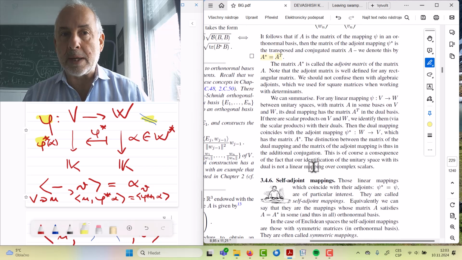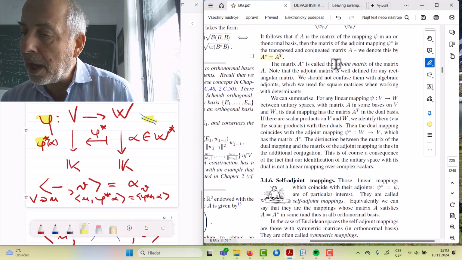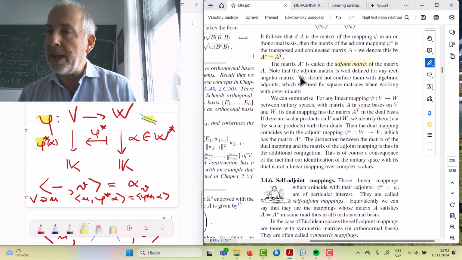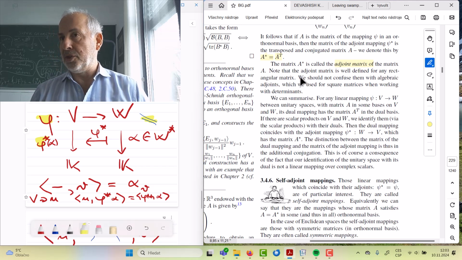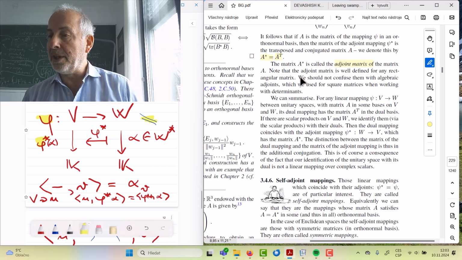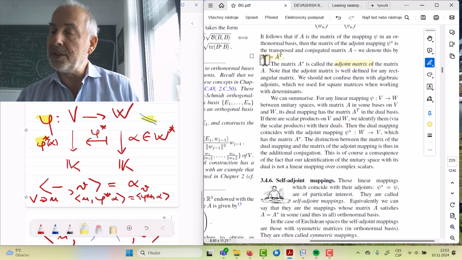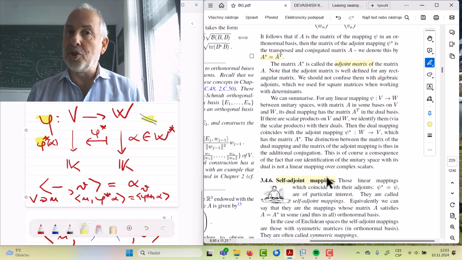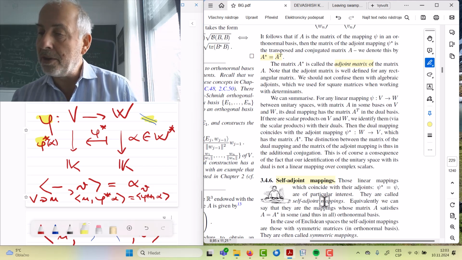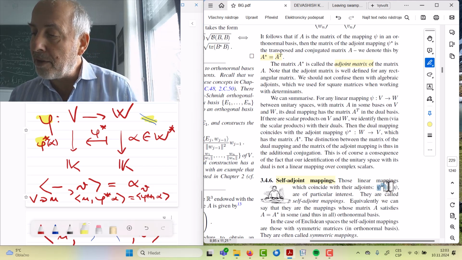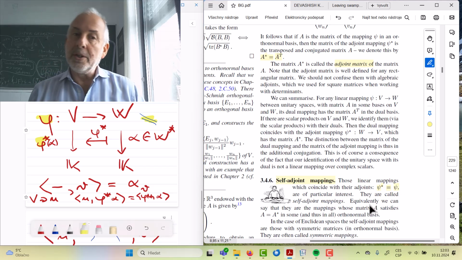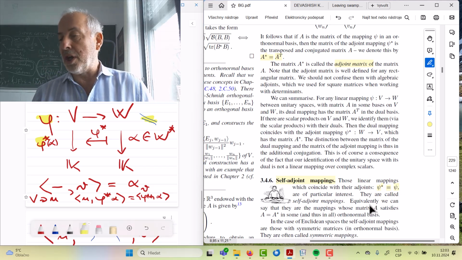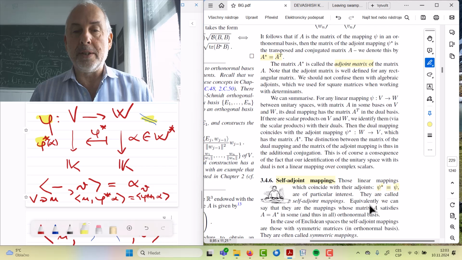So summarizing this, a mapping is unitary, or a matrix is unitary, if and only if A star is A inverse, right? And we say that the mapping is self-adjoint if A star is A, and then it's equivalent to the claim that the adjoint mapping is just the same mapping psi, right?